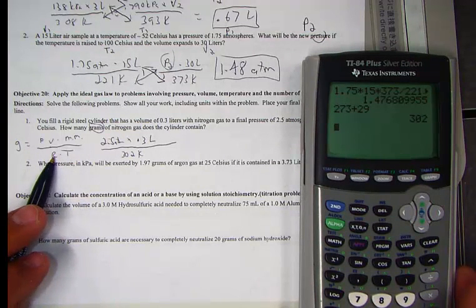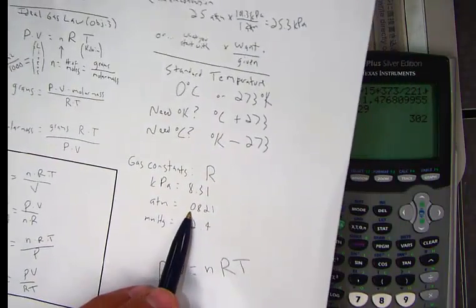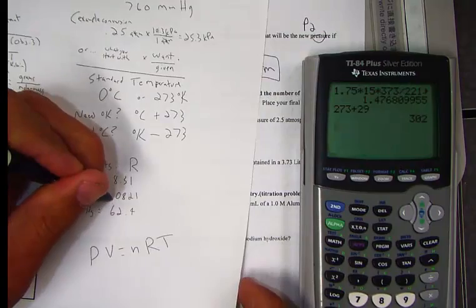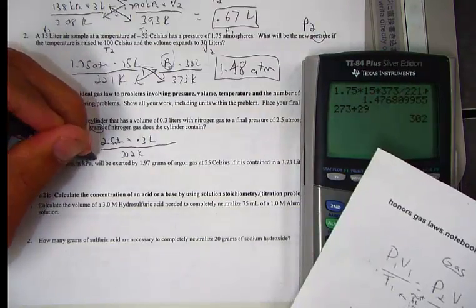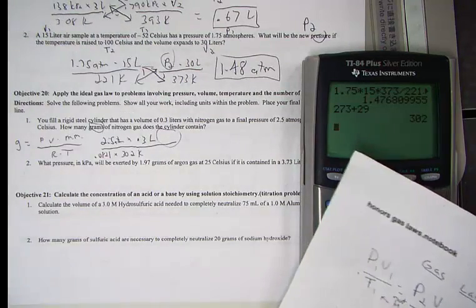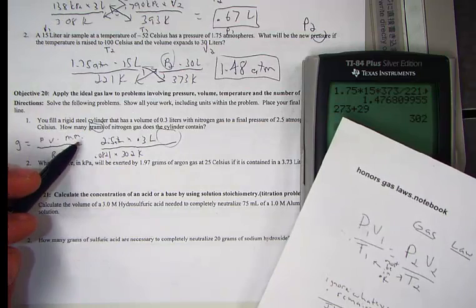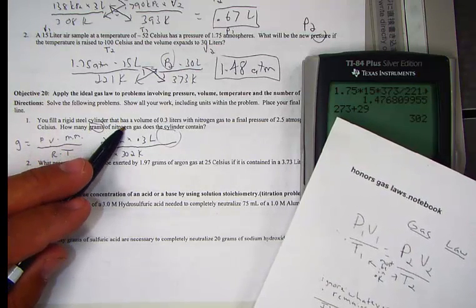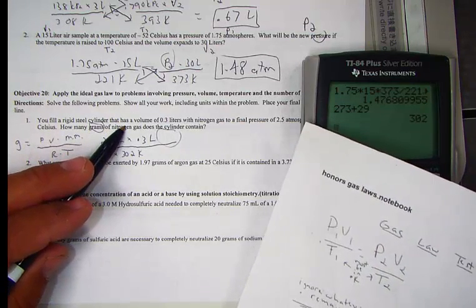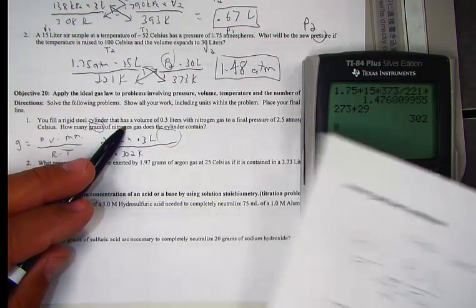What am I missing? An R value. And I have to pick the R value that has to do with atmospheres. That would be 0.0821. So a 0.0821 goes on the bottom. I'm also missing a molar mass. So I have to figure out the molar mass of nitrogen gas. Hope you remember that nitrogen gas is one of the horses need oats for clear brown eyes.